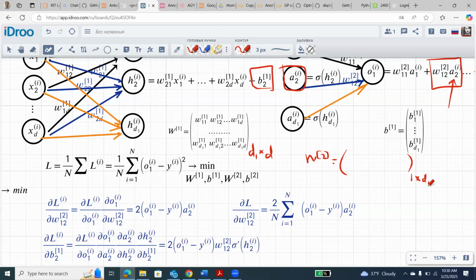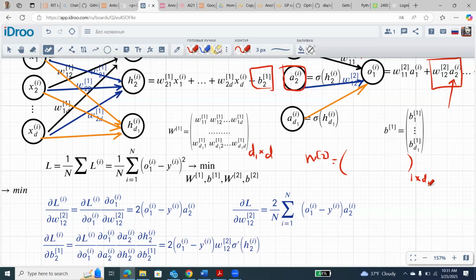So for example, when you hear something like 7 billion parameters, this is how they calculate them: the number of weights in our matrices W and the number of parameters in bias terms.